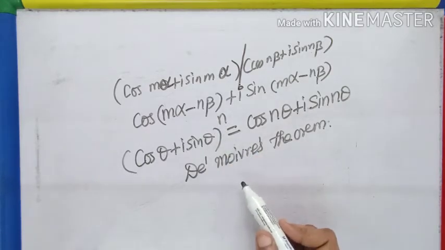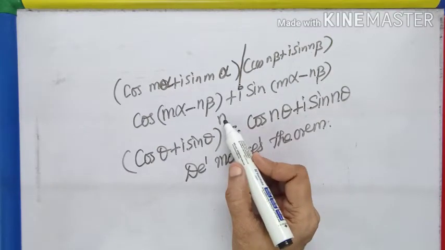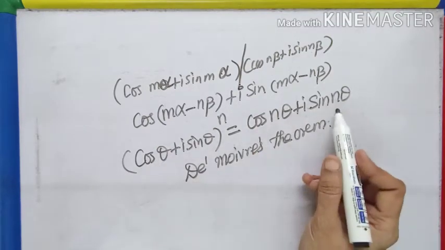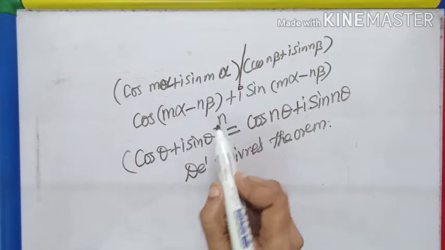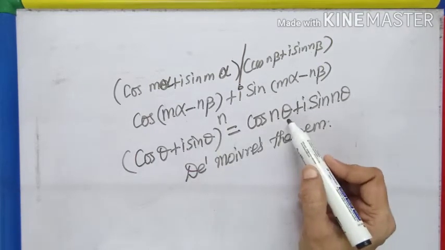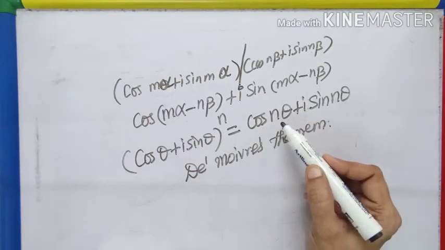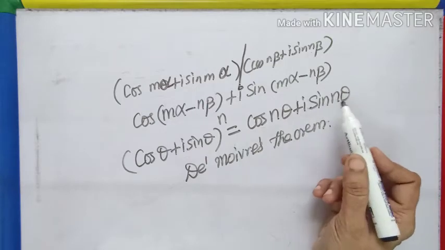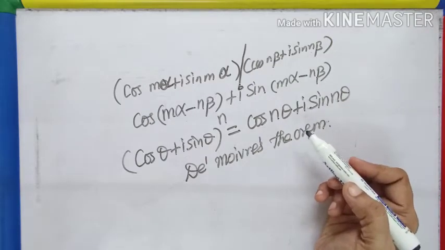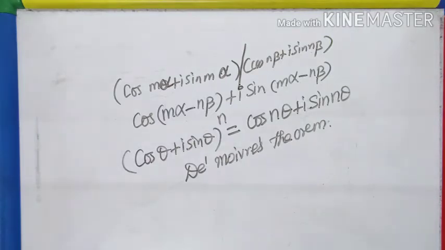So de Moivre's theorem states the power can be brought to the argument. So the whole power n is very much simplified with the right hand side cos nθ + i sin nθ. So we are going to apply these concepts in this exercise.